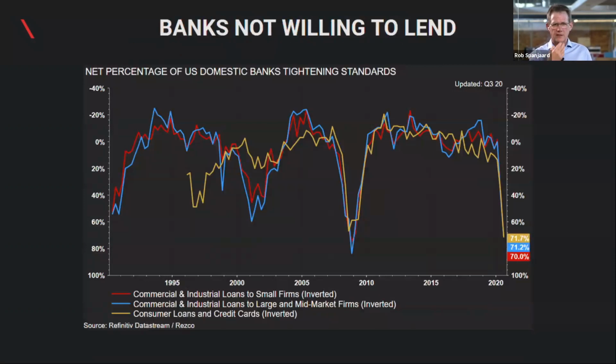And here's one of the problems. This is probably, we think, to some degree, a definitive slide on how this recession plays out. And this is the US banks' willingness to lend, or tightening of lending standards. You can see it's small firms, it's large and mid firms, it's consumer credit.